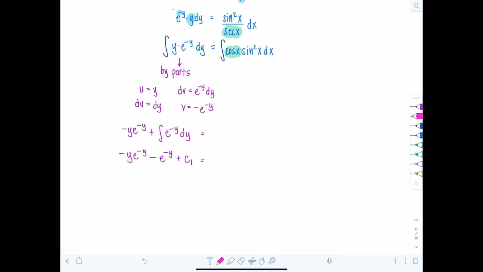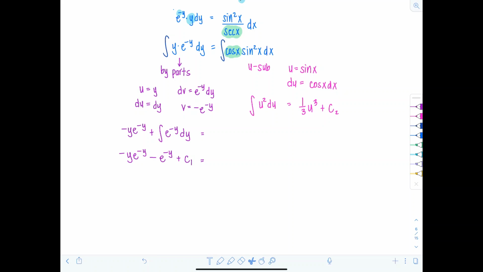Oh, it's u-sub time, right? You're going to let u equal sine x. Then du is cosine x dx, the odd man out. So you basically are going to have the integral of u squared du, which becomes 1/3 u cubed plus c2.